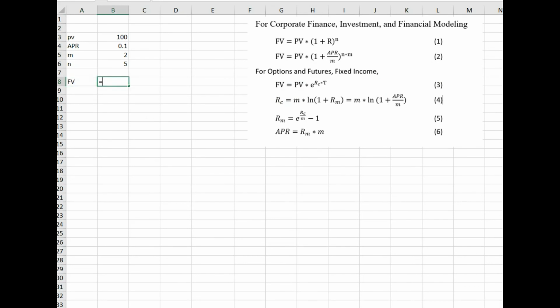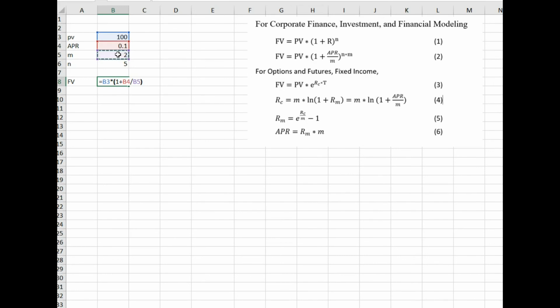Future value equals present value times 1 plus the effective semi-annual rate, which is APR divided by 2, so it's 10% divided by 2.